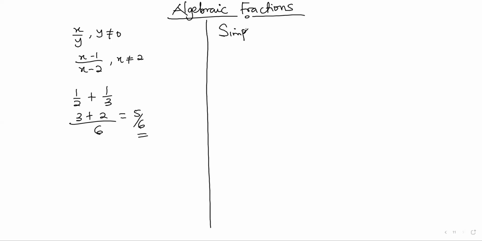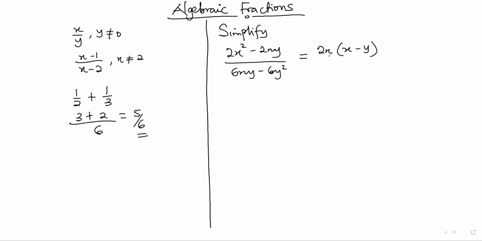So now let's take some questions. Simplify 2x squared minus 2xy divided by 6xy minus 6y squared. To simplify this, once again, what is common? What's common in the numerator? We have 2x, so we are left with x minus y. Then what's common in the denominator? We have 6y. We'll be left with x minus y.